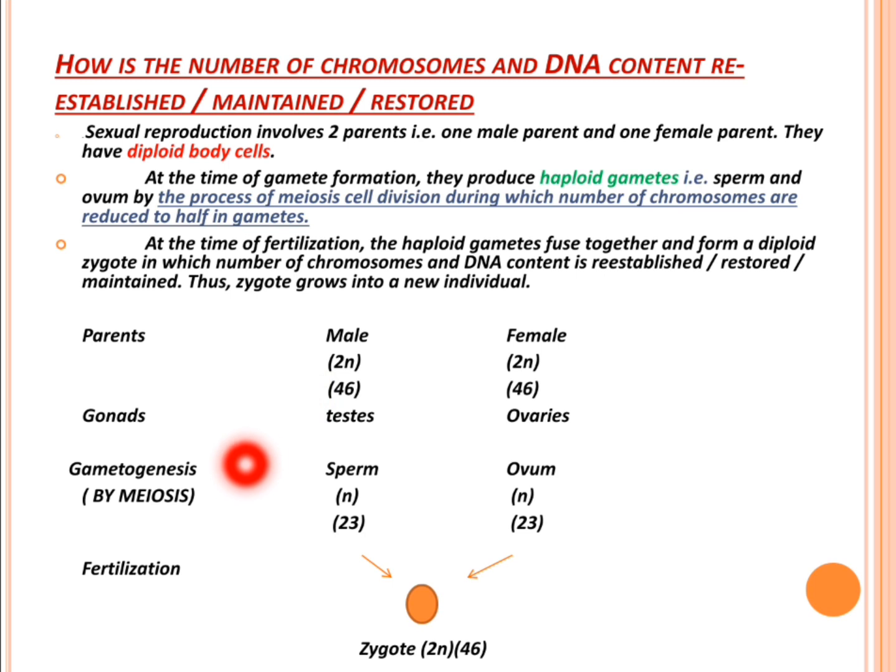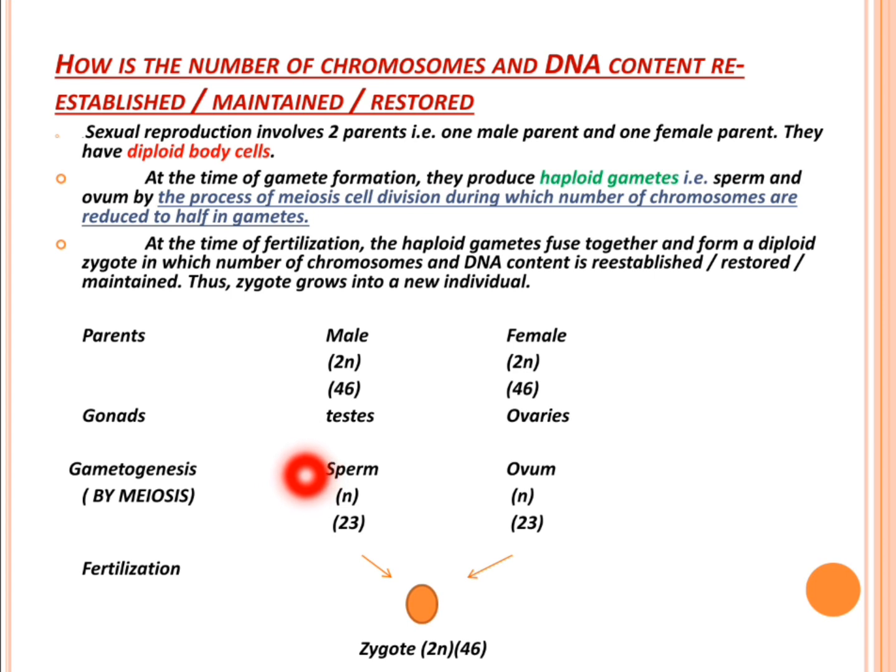At the time of gametogenesis or gamete formation, the cells of male gonad, that are testes, and cells of female gonad, that are ovaries, divide by meiosis cell division and produce haploid gametes, sperm and ovum respectively, in which number of chromosomes are reduced to half, and haploid gametes are represented by single n. That is, human body cells contain 46 chromosomes, and at the time of gametogenesis 46 is reduced to 23 in the gametes.